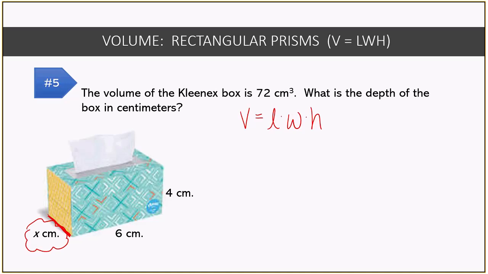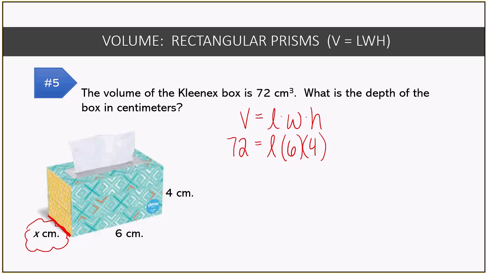Or again, it really doesn't matter which letter you're plugging that x in for. So we've got 72 for our volume, 72 equals. Earlier we used depth to describe length, so I'm going to put an X here. You can still use the letter L. Maybe I'll just do that instead. I'll still use the letter L. That's the one that's unknown. And then we have a width of 6, and we have a height of 4.